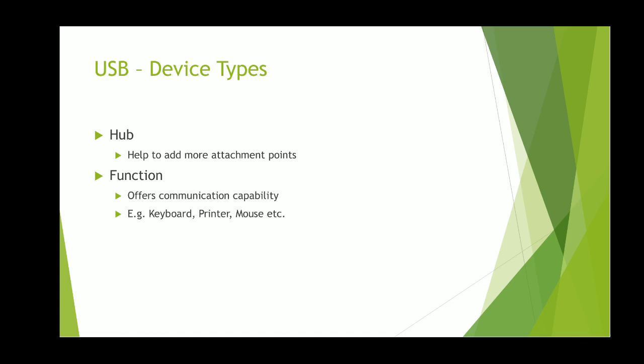In other words, it provides more attachment points. A USB function can be thought of as a computer peripheral, and it offers some communication capabilities. Examples of a USB function are keyboard, printer, mouse, etc.